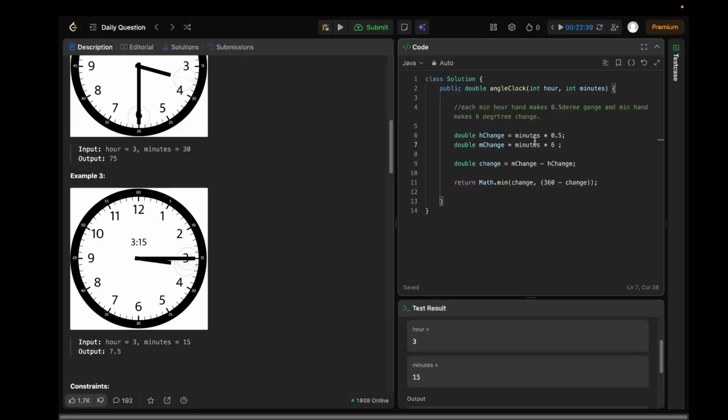Okay, I think I'm getting it wrong. In 60 minutes the hour hand rotates once, right?